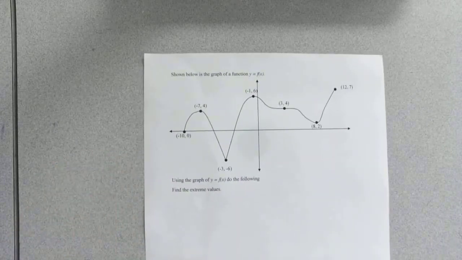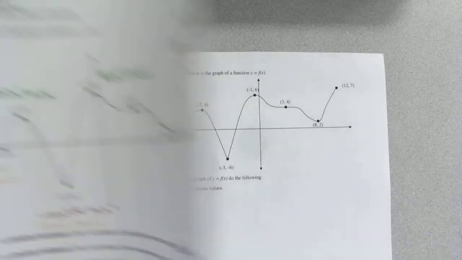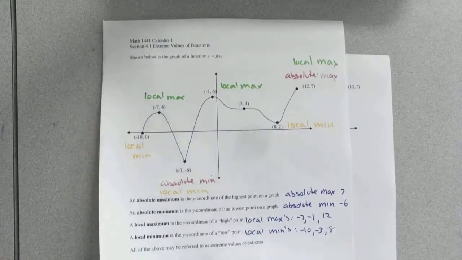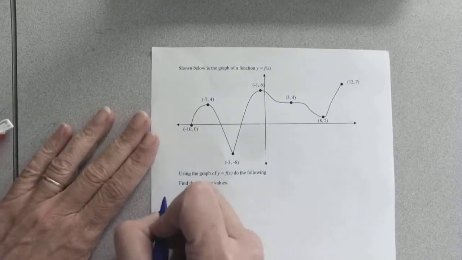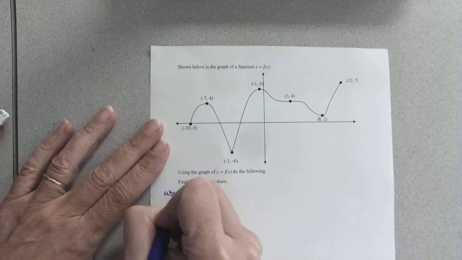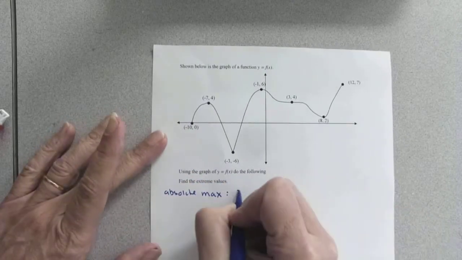Okay, so we have the same graph again. I guess I actually already did this. I should have read ahead. Give the extreme values, but we'll go through it again. So find the extreme values. Our absolute max was 7.